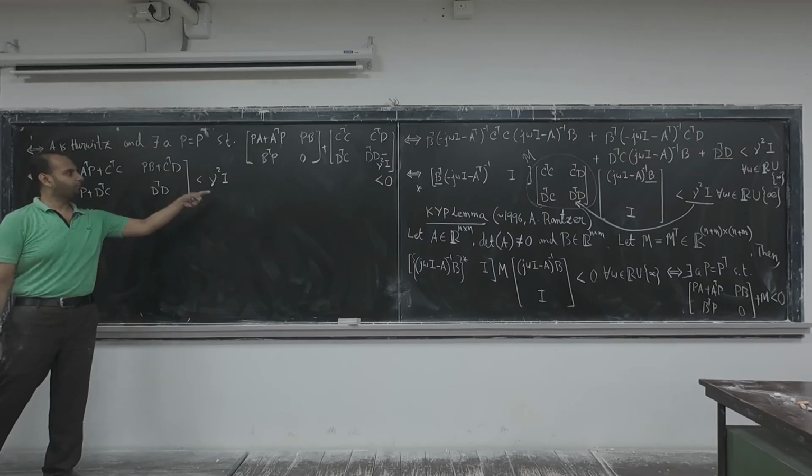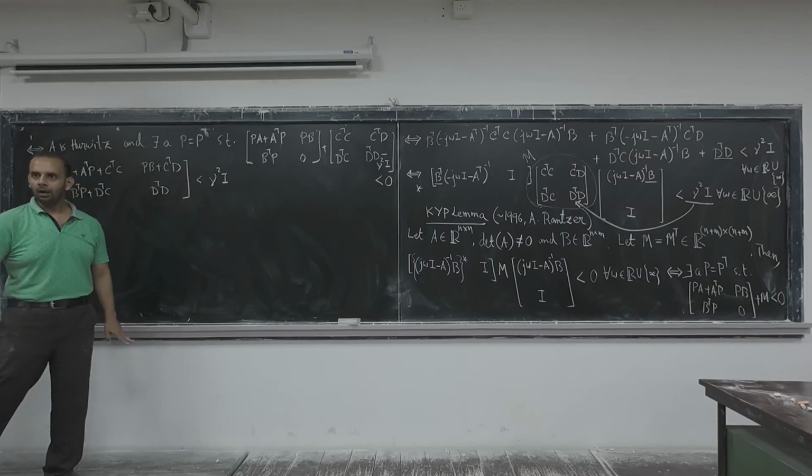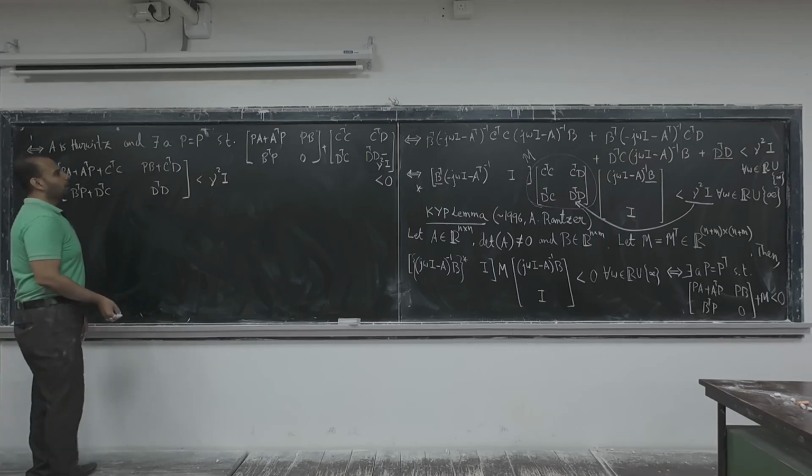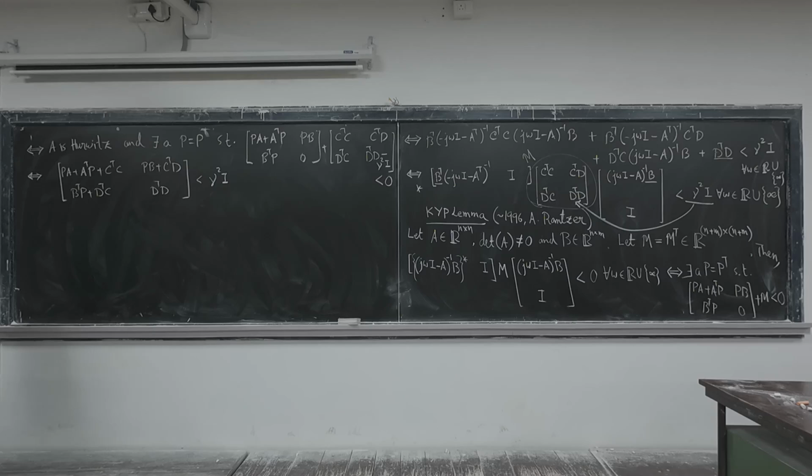So either you have to substitute this gamma square by a new variable sigma, or else you simply divide both sides by gamma. That can also be done. That is what we can do. Suppose I am dividing both by gamma, then all these variables will have a gamma term.